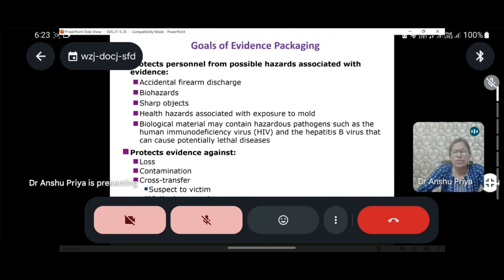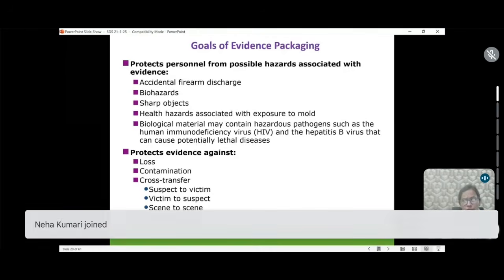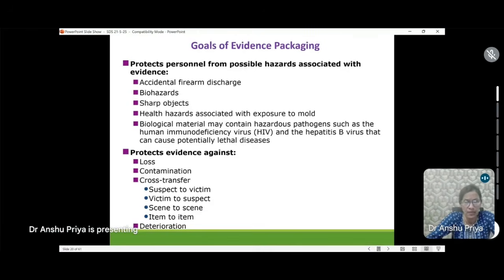Packaging is also important during evidence packaging after collection. There are two main goals of evidence packaging. One goal is to protect yourself. During packaging, if it is not properly packed, we may get contamination, or we may get infection from any virus like HIV or hepatitis, or we may get exposure to mold.